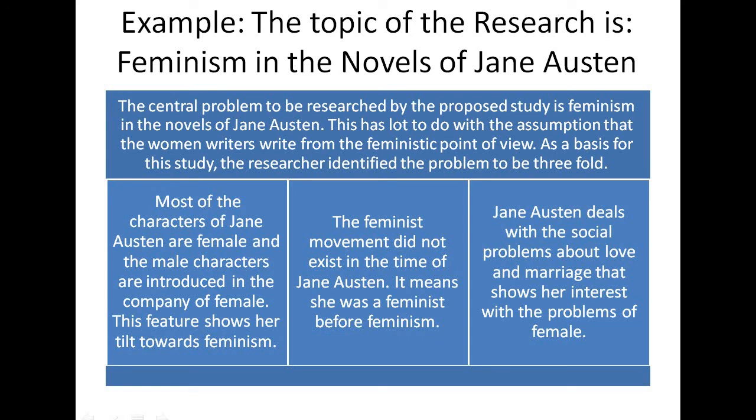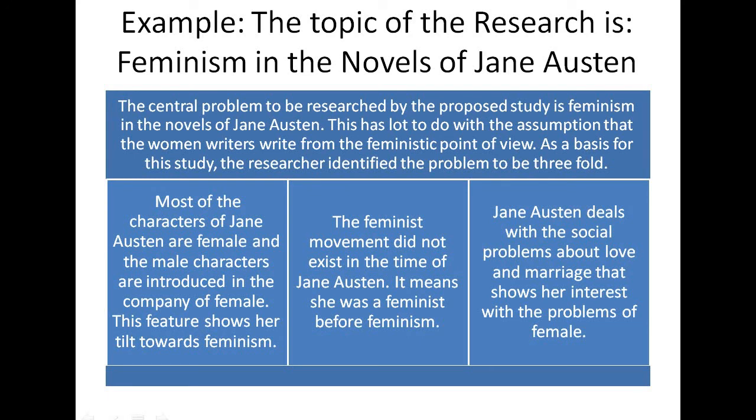So, when we will write that problem statement, naturally we will write in a paragraph form, and we will connect all the three subproblems with the first one. So, if we write in the paragraph form, it will look like this. The central problem to be researched by the proposed study is feminism in the novels of Jane Austen.